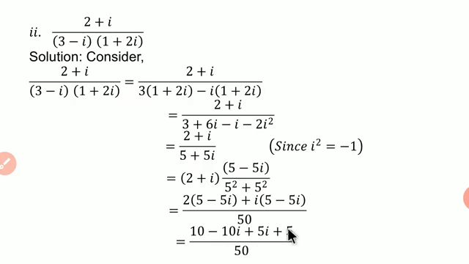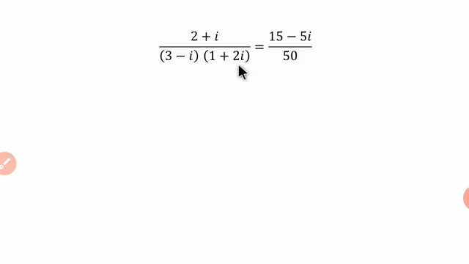Now 10 + 5 is 15 and -10i + 5i is -5i. So (15 - 5i)/50, and therefore the given expression (2 + i)/((3 - i)(1 + 2i)) is equal to (15 - 5i)/50.